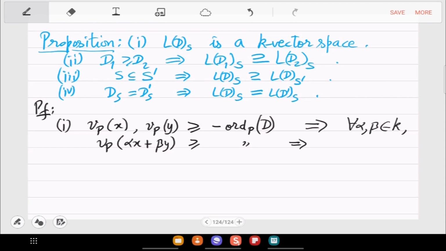Right, if the valuation of functions x and y is at least some value, then the valuation of any linear combination of these functions, by the valuation axiom, is also at least that. Which means that if x and y are in L(D,S), then alpha x plus beta y is also in L(D,S).